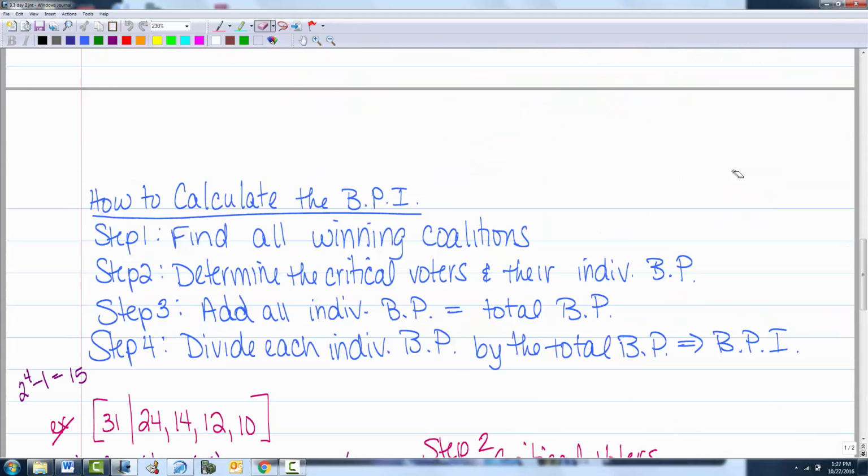So I think I did say this. Find all the winning coalitions. Don't care about the losers. Losers are losers. They will not pass the vote, so there's no power because you didn't pass the vote. Once you find all the winning coalitions, determine the critical voters in each winning coalition. If there are individual critical voters, they get a point each time they are a critical voter.